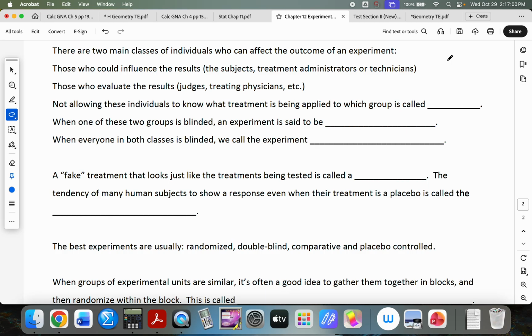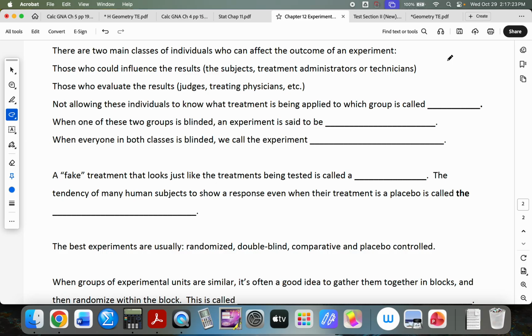There aren't really people who affect those. But sometimes you have people who judge, oh, this person had a wound, and I'm going to evaluate how much it's healed on a scale from 1 to 10.